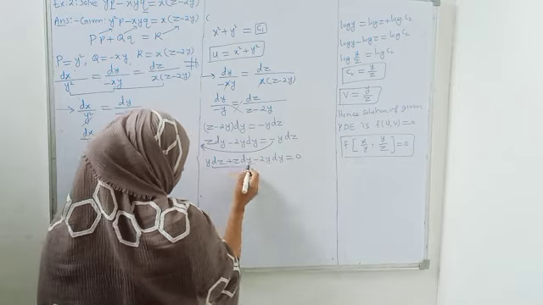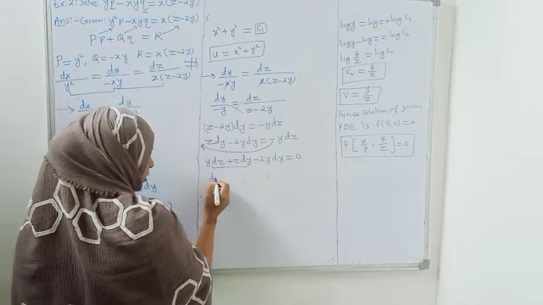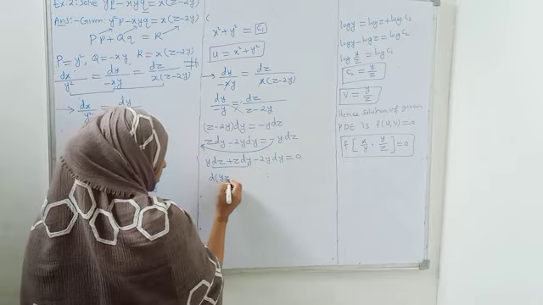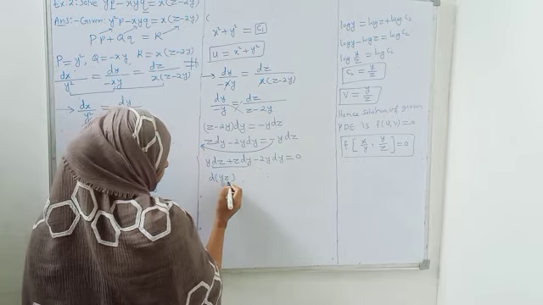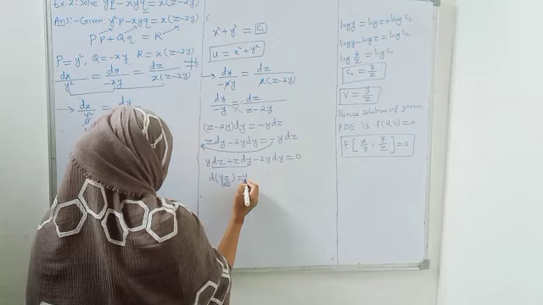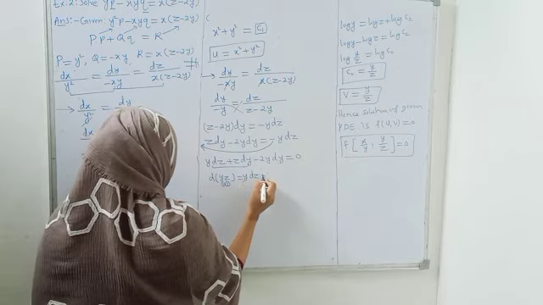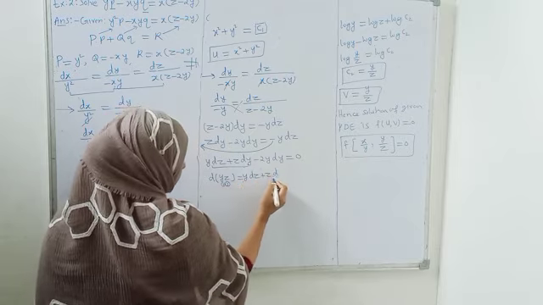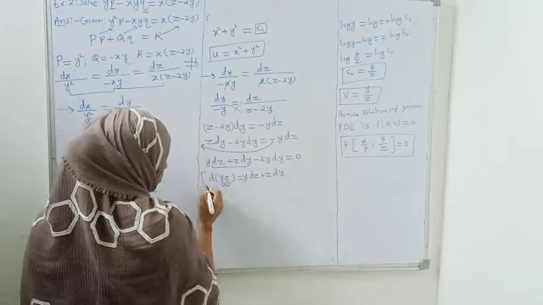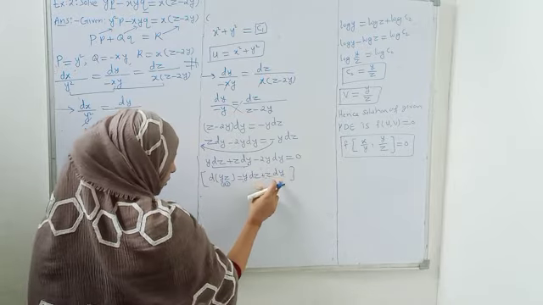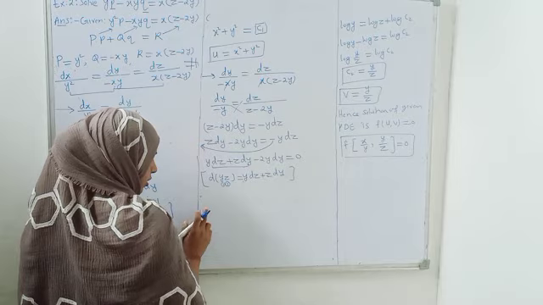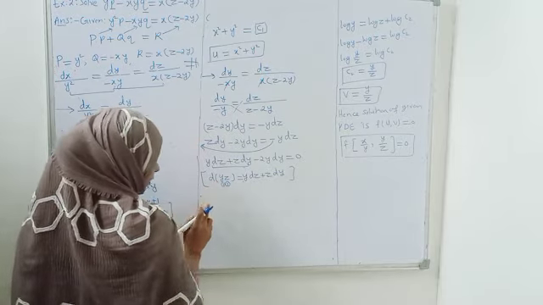So we have to reduce. If I consider the differential of yz and apply the product rule, I get first function as it is, derivative of second, plus second as it is, derivative of first. So y dz plus z dy we can reduce as d of yz, the differential of yz.